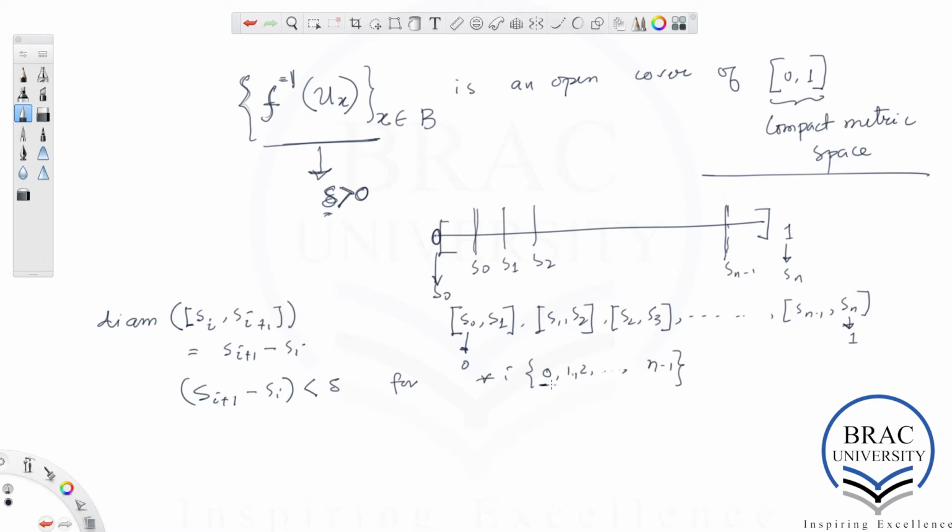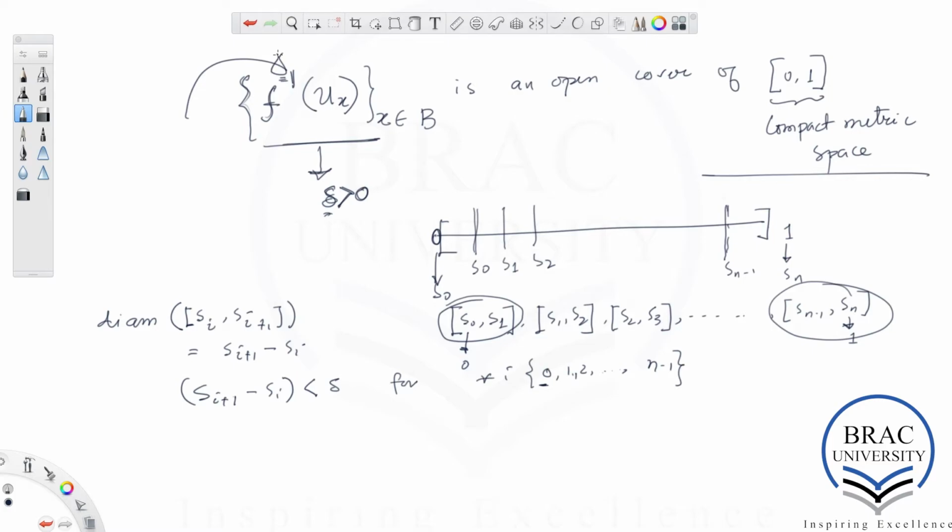When i is 0, we get the first subinterval, S1 minus S0, and when i is n minus 1, we have Sn minus 1. We want all of that to be less than delta, the Lebesgue number associated with this open cover.